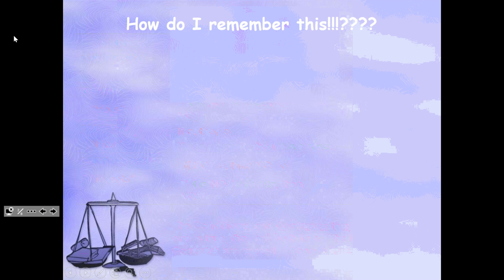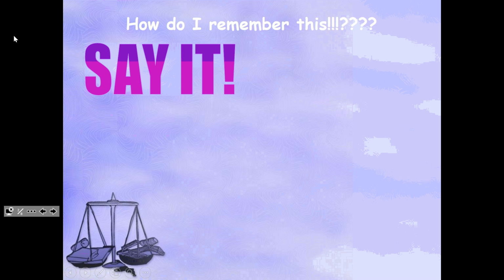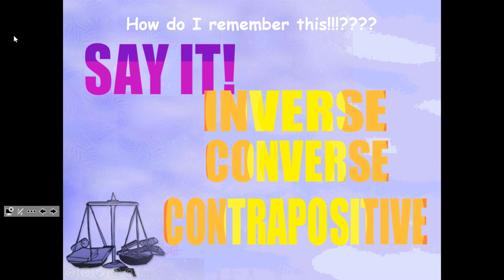So, how are we supposed to remember which one is which? We're about to repeat this a few times. Inverse, converse, contrapositive.